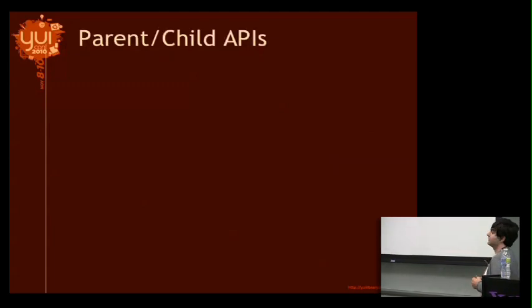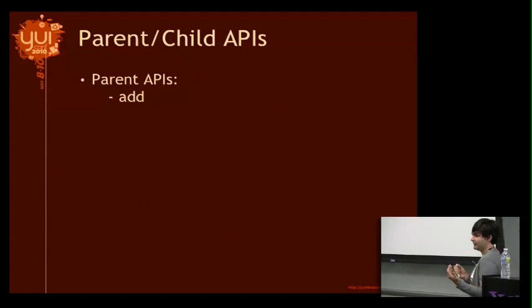So let me just go through some of the APIs. This is the parent API. Parent offers an add method where you can say, add these children to this node, and it will do it for you. It also takes an array list, so you can tell parent, hey, add this set of nodes to this child. In the case of TreeView, you can see how we say, this is a tree leaf, this is a tree view, and this is a bunch of tree leaves, please add it to it.